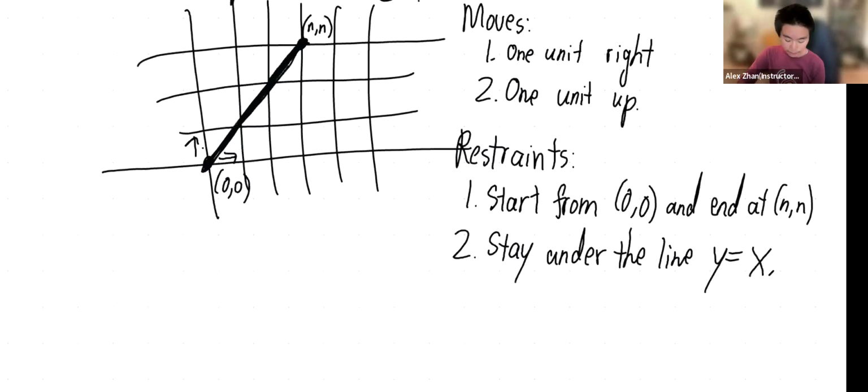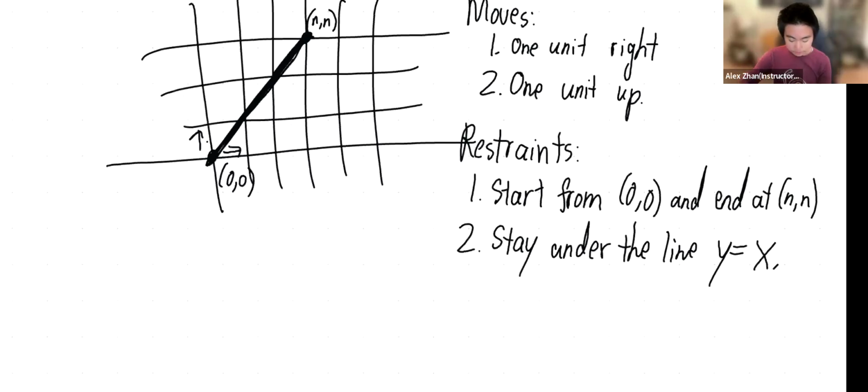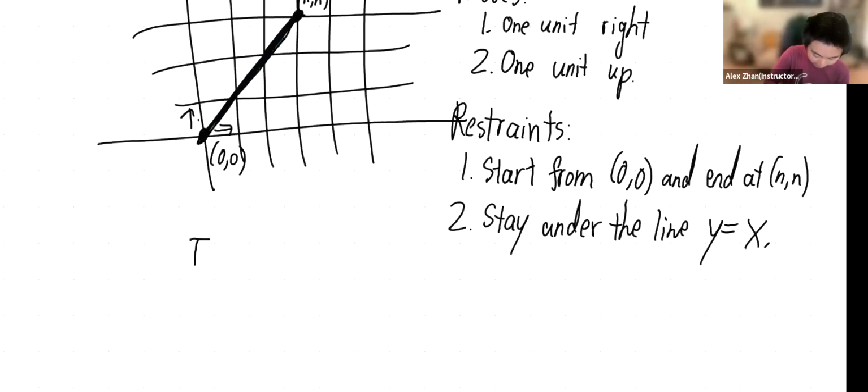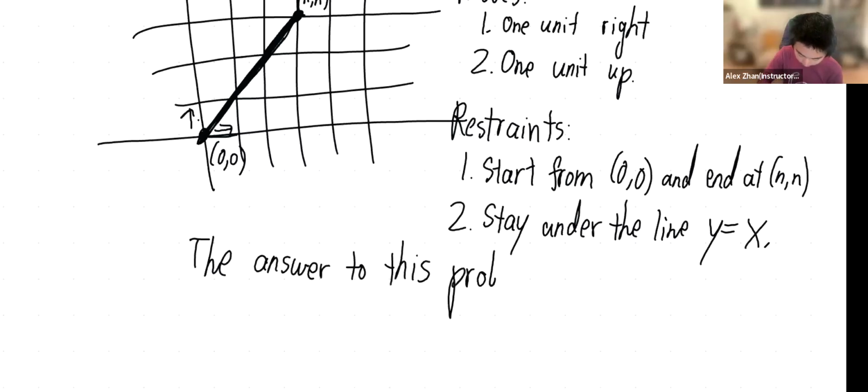This is generally how people define Catalan numbers, and the answer to this problem is called C_n, the nth Catalan number.